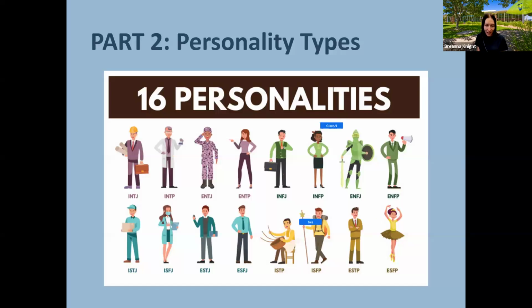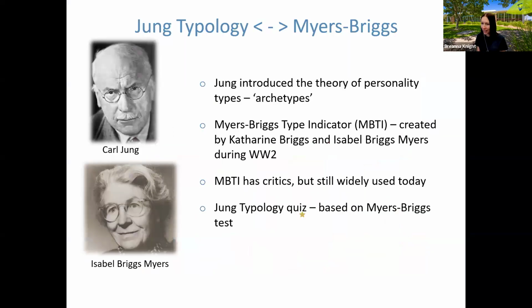Okay, so again, a little bit of history here. I'll just clear those drawings. There are lots of different versions of personality types, but the one we're going to look at is the Jung typology and Myers-Briggs. To give you a bit of background, you might have heard a couple of these names before.